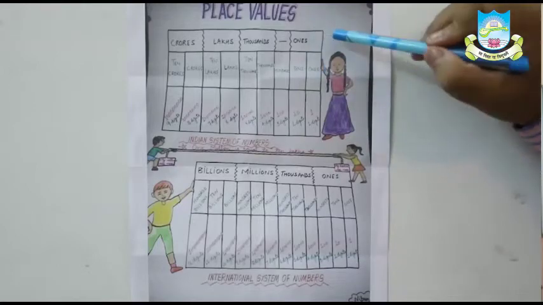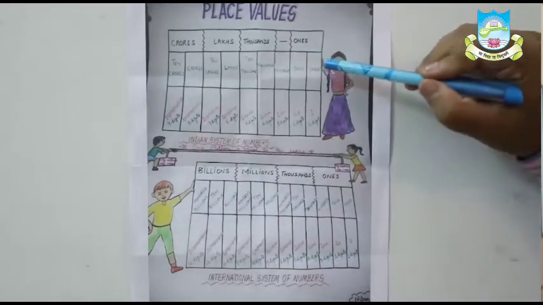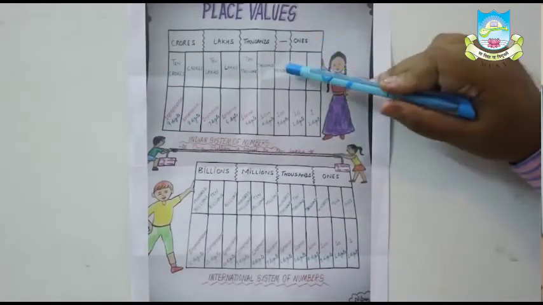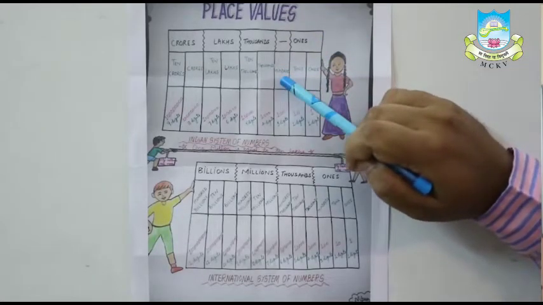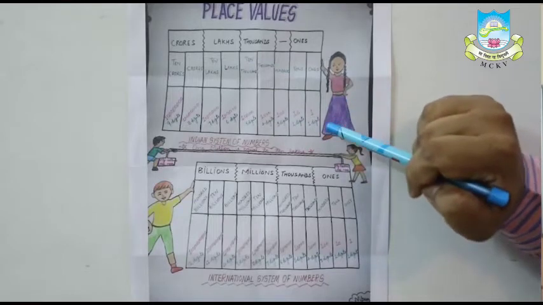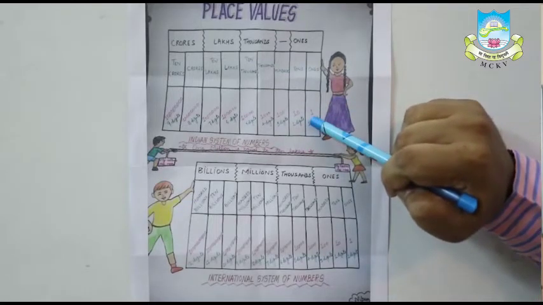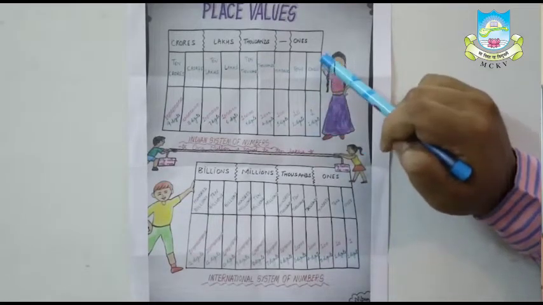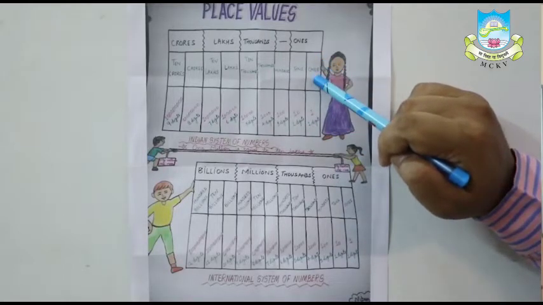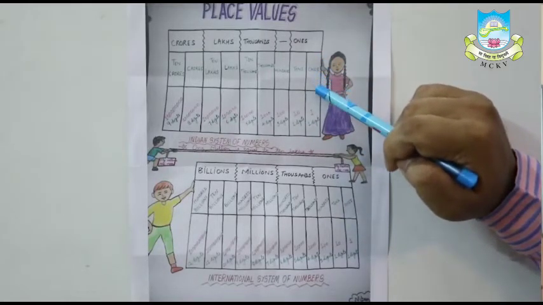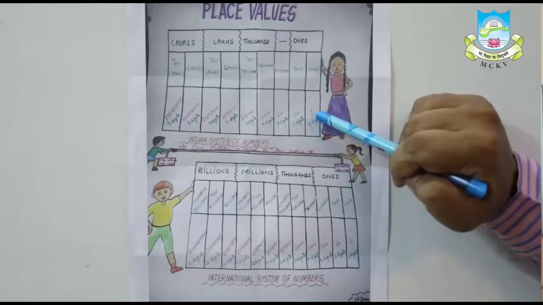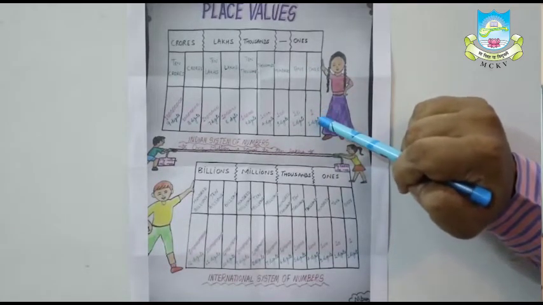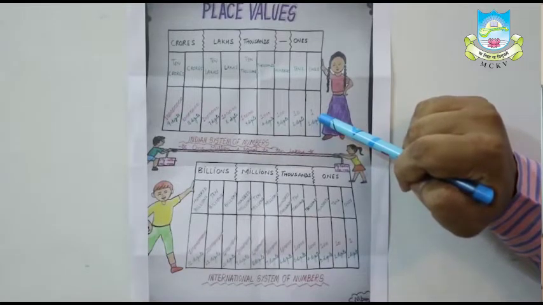In this place value chart, the ones group has three subgroups or divisions: the ones, the tens and the hundreds. Since we have the number 1, it is placed in this ones position, because it is 1 into 1, which is equal to 1.